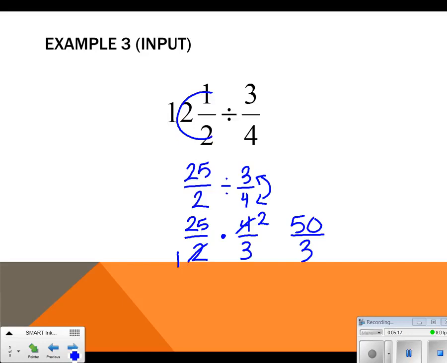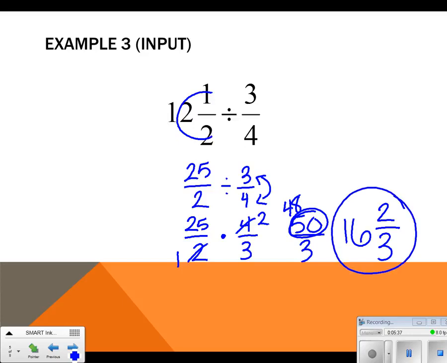And then I work backwards from 50. 49 isn't. 48 fits that rule: 4 plus 8 is 12, and 1 plus 2 is 3. So 48 divided by 3 gives us 16. If you take 48 away from the 50, you're left with 2. And then our denominator stays the same. And so there we go. We have 16 2/3.